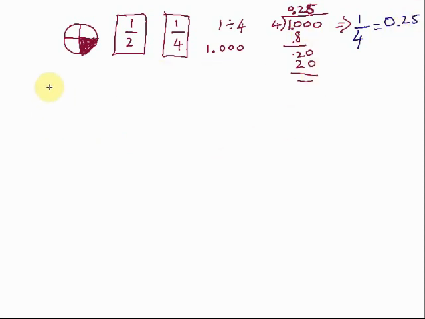Now, this is terminology: 1 divided by 4 is a fraction, and it's equal to 0.25, and that is a decimal.